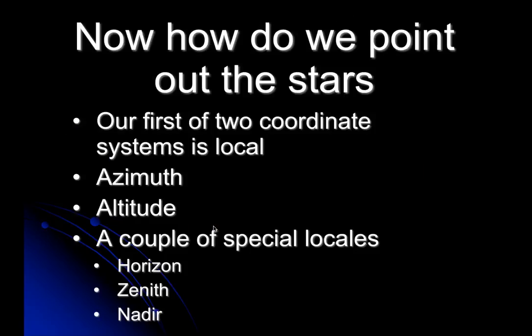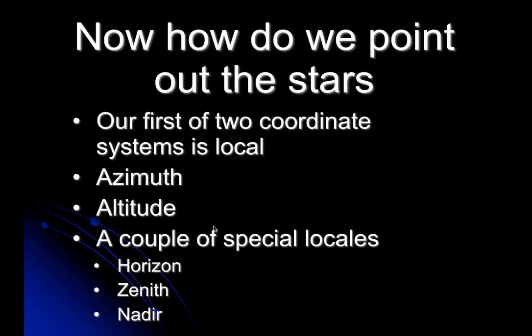So, our first coordinate system that we're going to be talking about is a local coordinate system. It's characterized by azimuth and altitude. Altitude can be synonymous with elevation. So an azimuth is what you would get from using a compass.